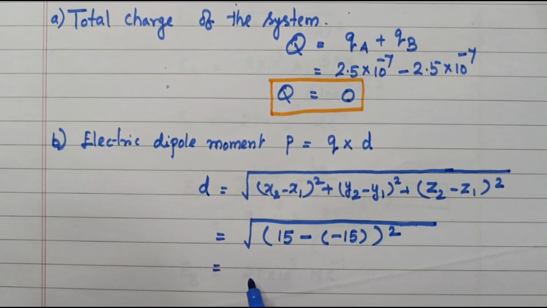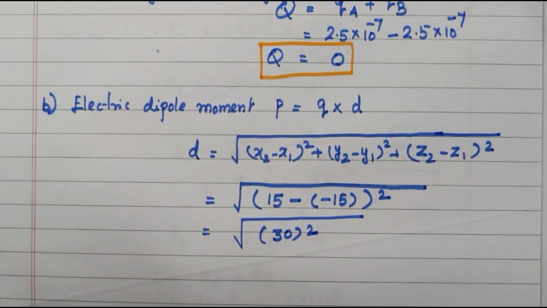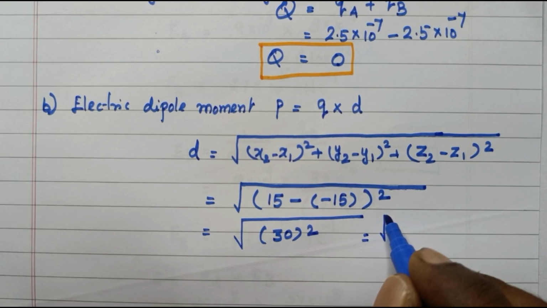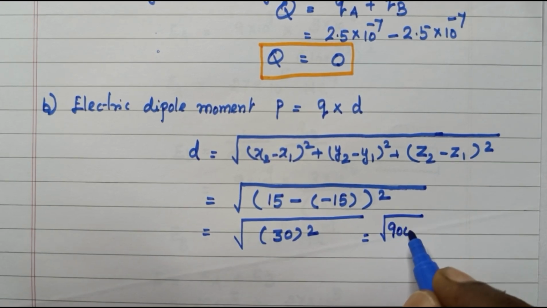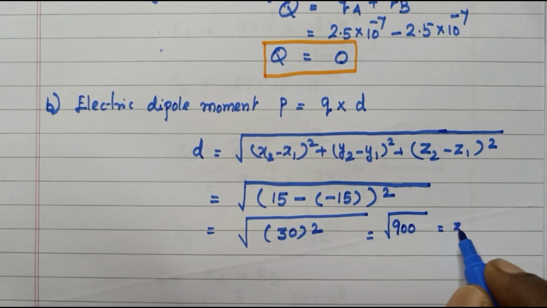Therefore this is equal to under root 15 minus of minus plus. So 15 plus 15 is 30 square. 30 square எவ்வளவு 900. So under root of 900. So under root of 900 is equal to 30.